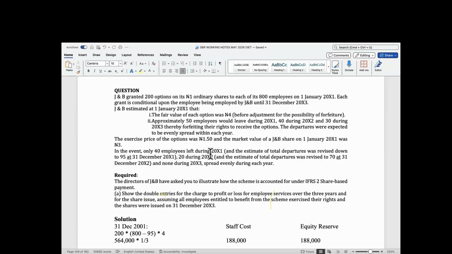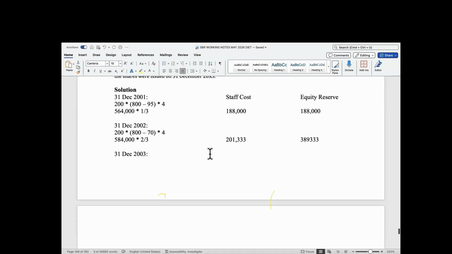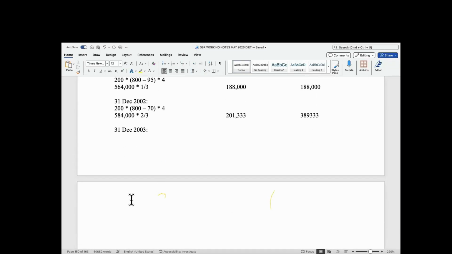How about this 20? Sorry, 740. 800 minus 40 minus 20. So 200 times 740 times 4. How much is that? 592,000.